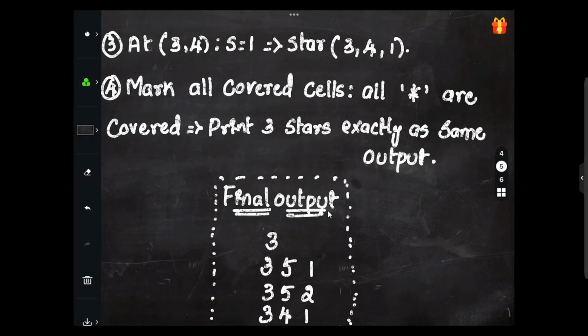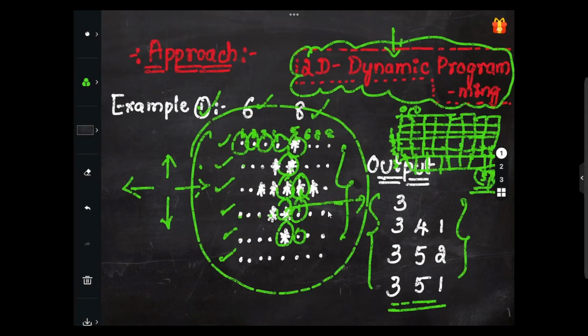And the final one here is at 3 comma 4 where s equals 1, we will be considering. We are done with 3 comma 5, right? So now we will go with 3 comma 4, where we found s equals 1. See here, this is 3 comma 5. This star is present at the left of the dot, so this is 3 comma 4, s equals 1.